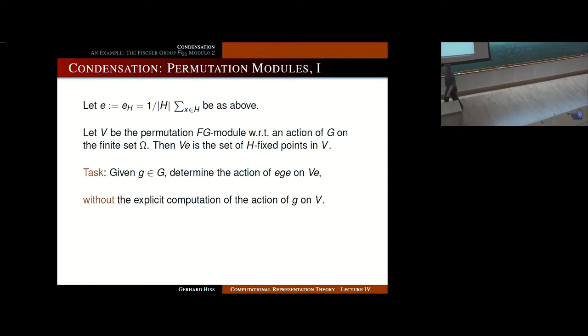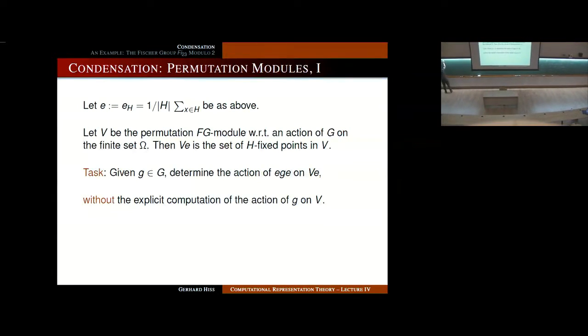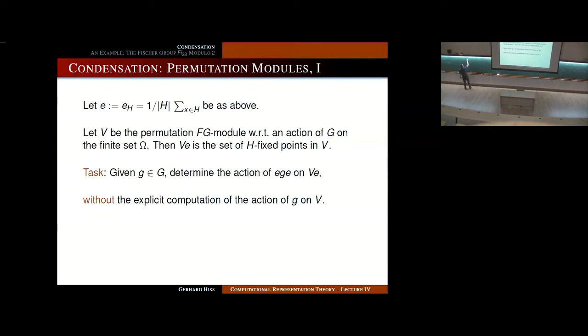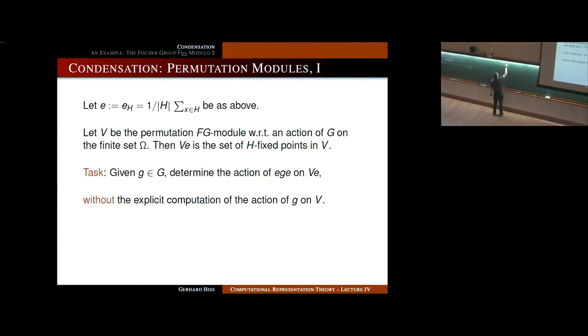You see, the permutation representation might be given in a different way. You might say, well, let's look at another representation. Let's look at a linear representation, W, in mod FG.